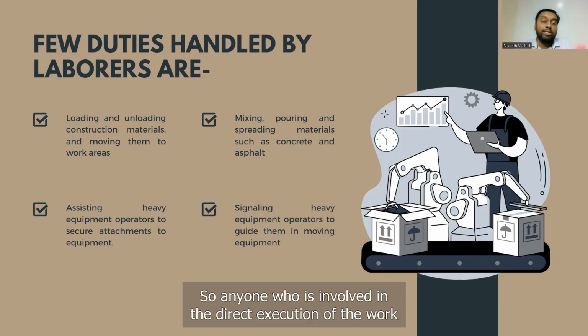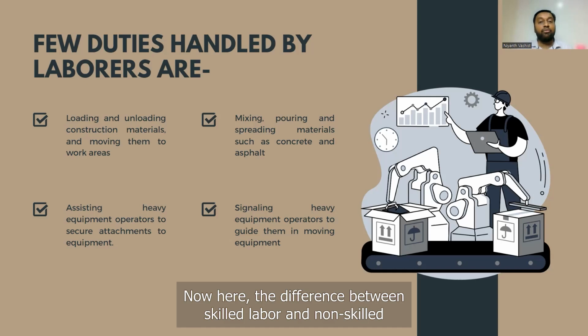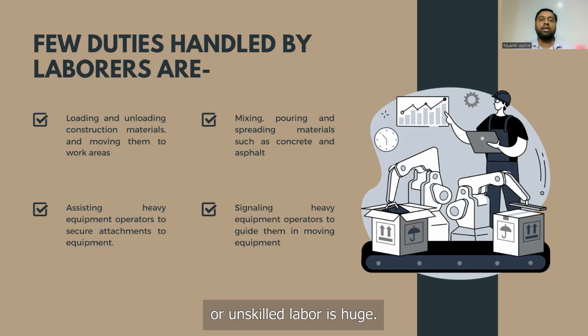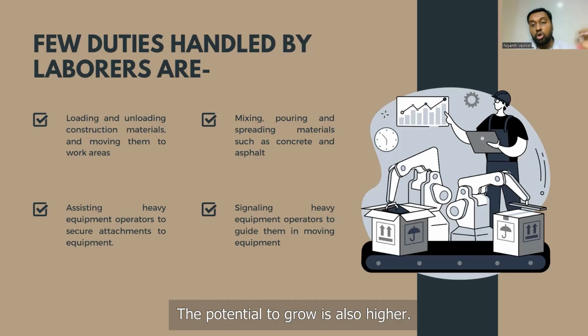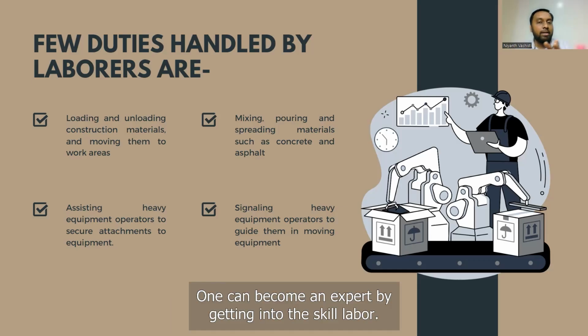So anyone who is involved in the direct execution of the work comes under the execution labors. Now here, the difference between skilled labor and non-skilled or unskilled labor is huge. The pay scale is different, the expertise is different, the potential to grow is also higher. One can become an expert by getting into the skilled labor.